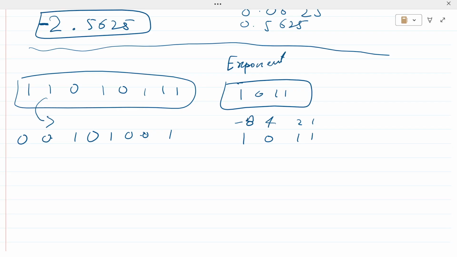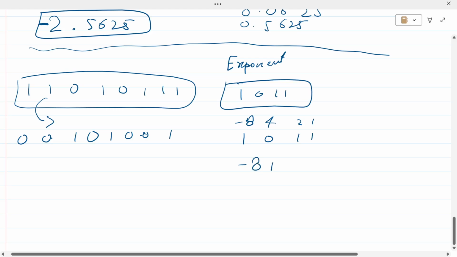Because the leftmost significant bit is 1. So what is going to be the answer for negative 8 plus 2 plus 1? It's just like subtracting 8 from 3, so you get a 5, but negative 5. So this is just how you solve it. This is going to be a negative 5, right?